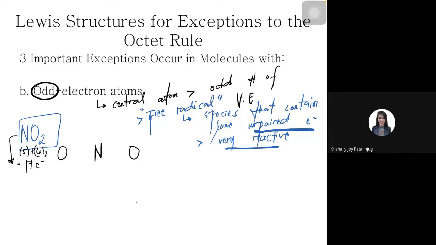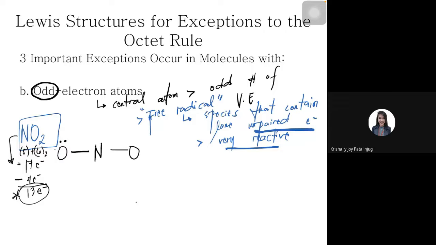Okay, so it's an odd number, 17 electrons. When you draw single bonds, minus 4 electrons. So another odd number for the remaining electrons, 13 electrons. What will you do to the 13 remaining electrons? Distribute it first on the surrounding oxygen by how many?